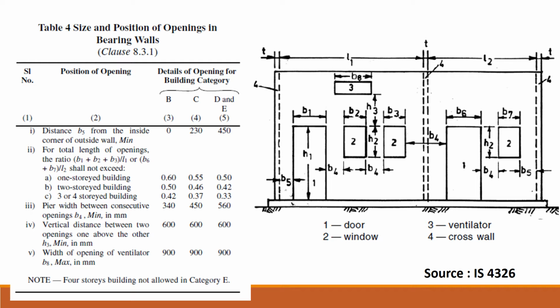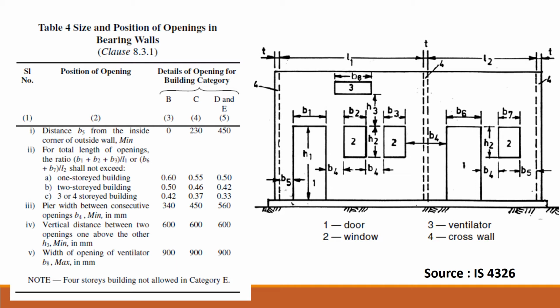The width of the opening of the ventilator, B8, has to be a maximum of 900 mm in all the building categories. 4-story buildings are not allowed in category E, so one cannot go for more than 3-story buildings in building category E, which is meant for zone 5.